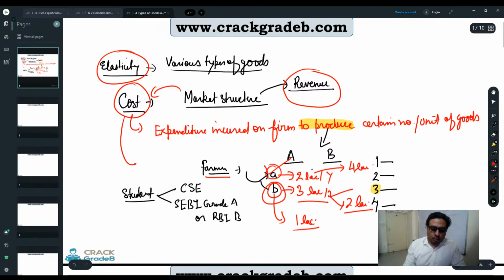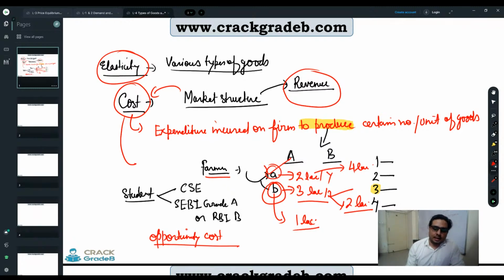So here, whatever calculation is made before taking a decision, we call it opportunity cost. So what is the opportunity cost?